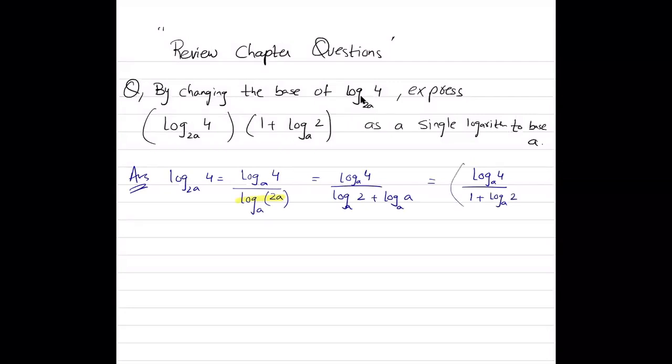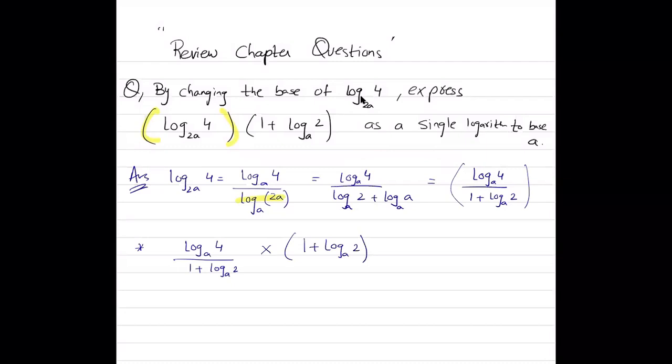Now I need to multiply this because this can be represented in this form. So now I'm going to replace this log 2a of 4 with the expression that I found. Instead of writing log 2a of 4, I'm going to write log a of 4 divided by 1 plus log a of 2, times 1 plus log a of 2.